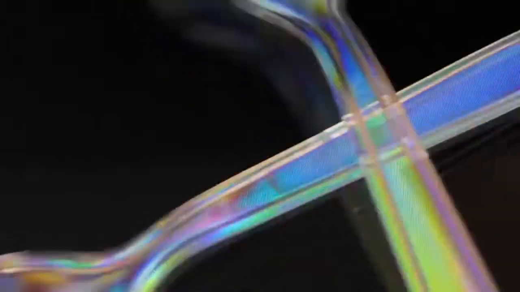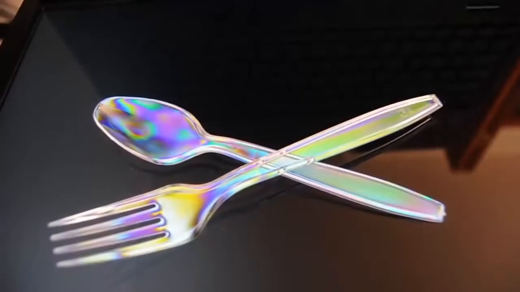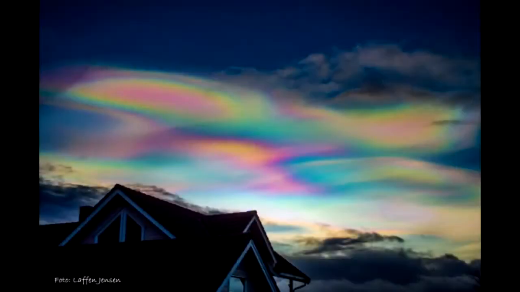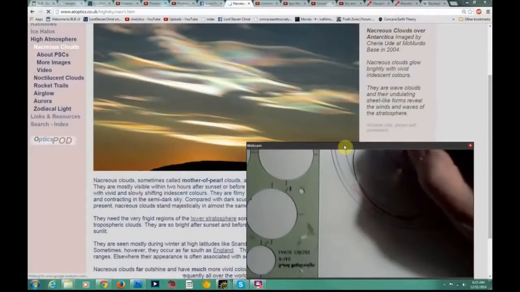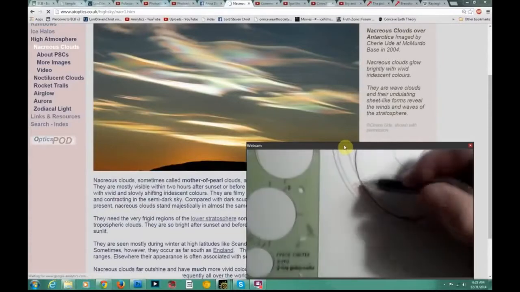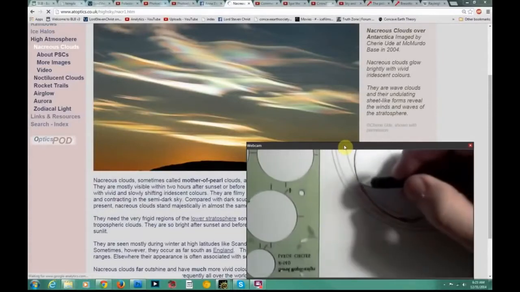Same type of colorization stress values that the nacreous or iridescent clouds have. Same thing. The sunlight bends around, and once it passes through the glass sky, the light gets polarized.